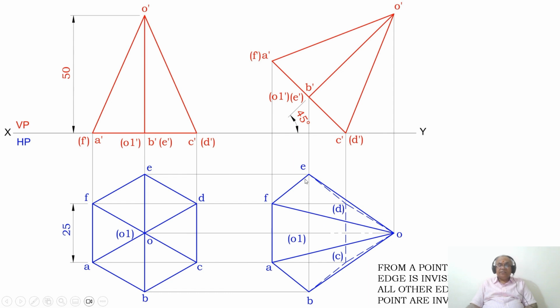That will be invisible according to the condition of visibility. Therefore, you have to keep D dash, D and O, and DE and DC, then CO and BC. All these edges automatically become invisible. So now, since some portion of the hexagon becomes invisible, therefore O1 is in this and you are going to keep it in bracket.